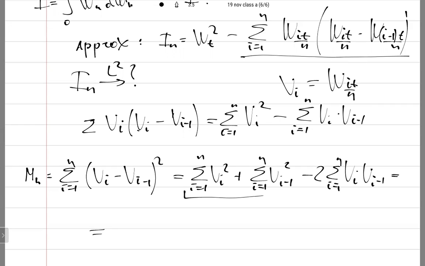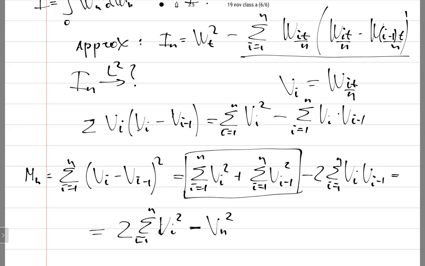So these two sums are almost equal. If I just write two sums of Vi squared, i ranging from 1 to n, I should only subtract Vn squared, the only term that is missing there. Everything is right. Who is with me?